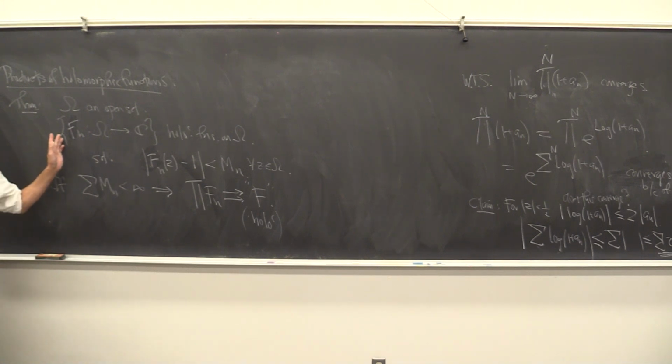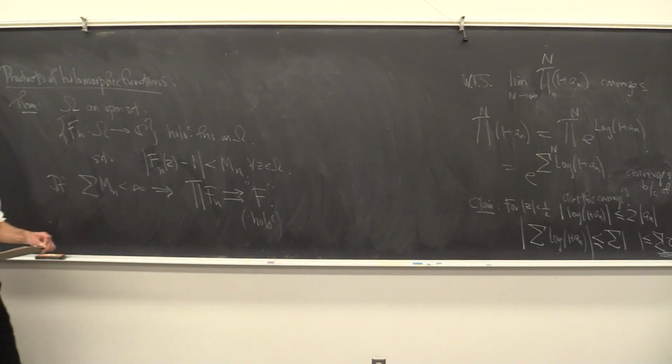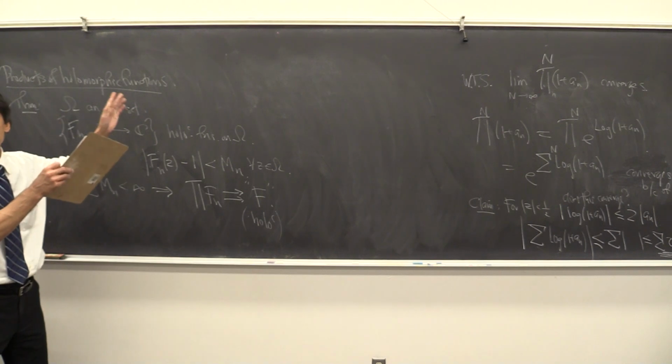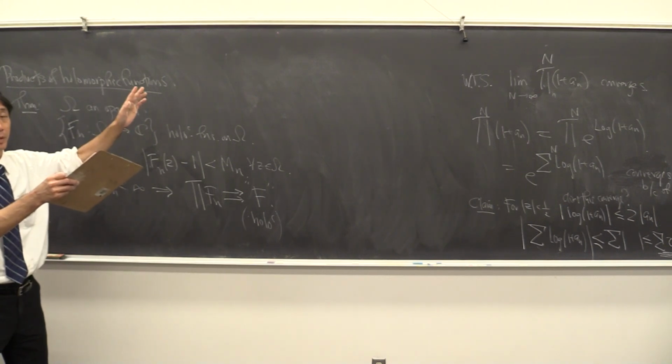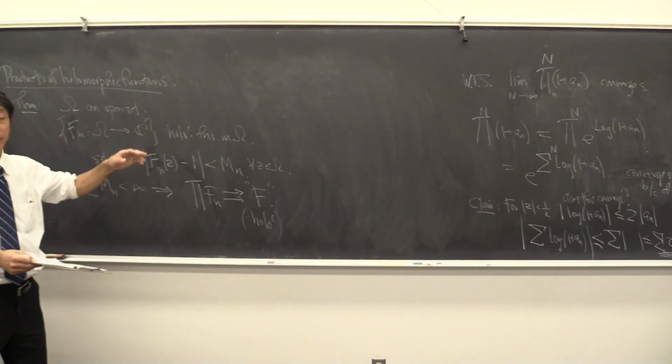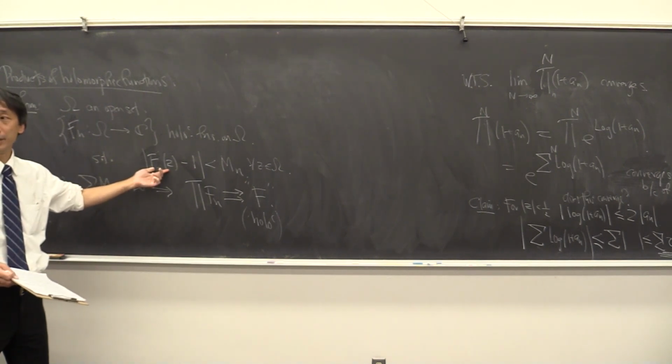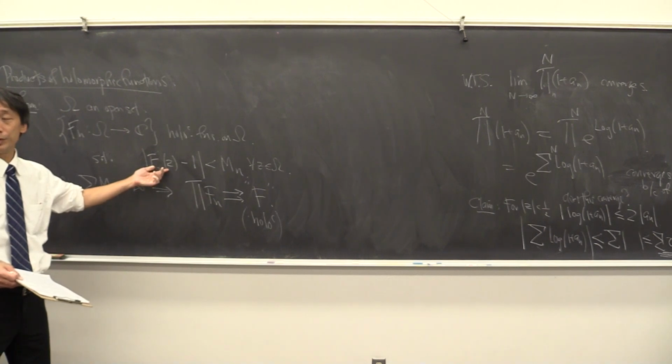So this is sort of like the Weierstrass M-test. As long as your functions are bounded by things whose sums converge, then the sum of your functions converges uniformly.